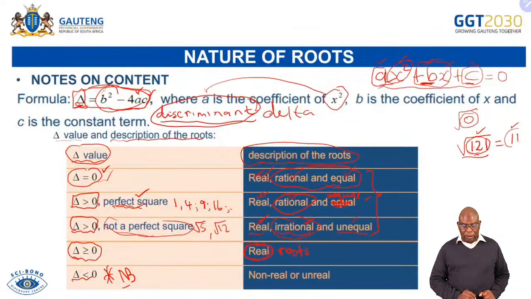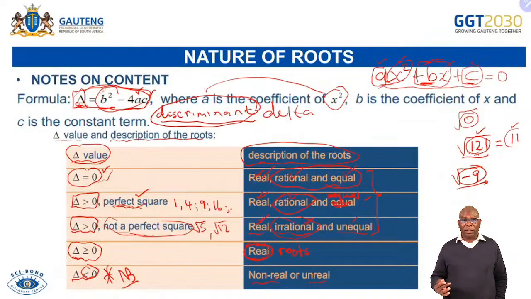Let's check that last one, which is also very, very important. You must note this, that when delta is less than 0, then the roots are non-real or unreal roots. When you substitute there for delta, we get a negative number. Then we say the roots are non-real.